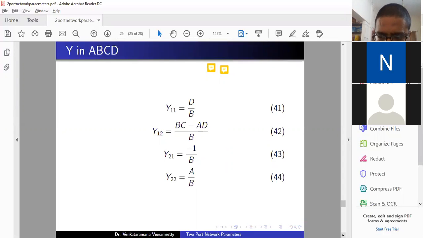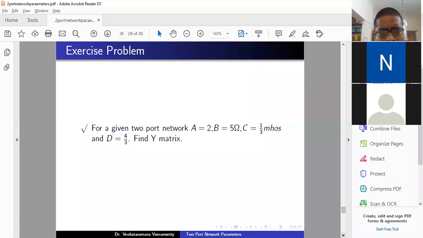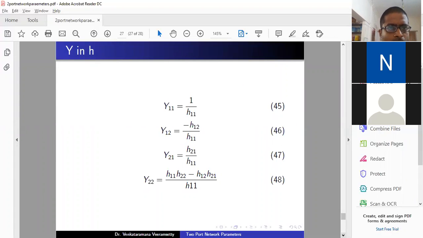Right? Now, this is the exercise problem. You can do this one later. So now we will discuss the Y parameters in terms of the hybrid parameters. Now we will try to represent the Y parameters, Y11, Y12, Y21 and Y22, in terms of the hybrid parameters H11, H12, H21 and H22.